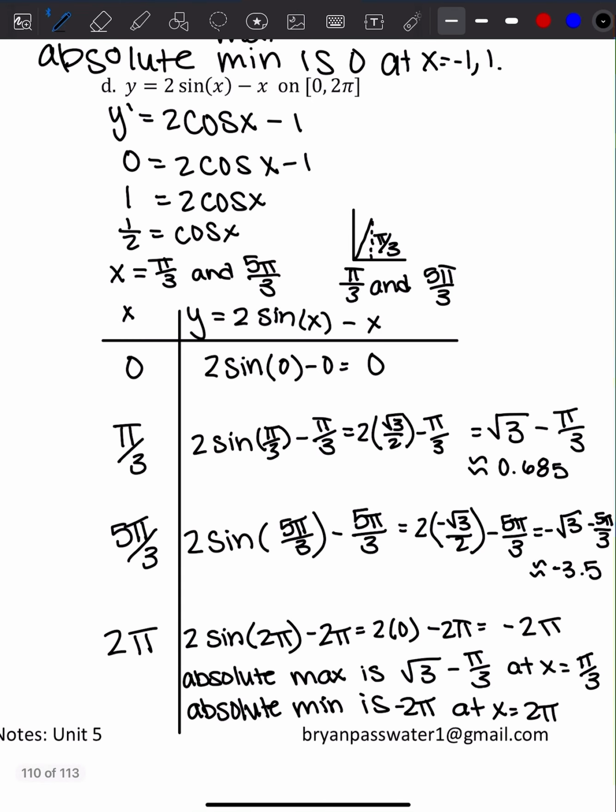When I look at the next one, the square root of 3 is less than 2. So if I have this at the maximum, negative 2, and then minus 5 pi over 3. 5 pi over 3 is 5/3 of pi, so it's going to be less than 6.